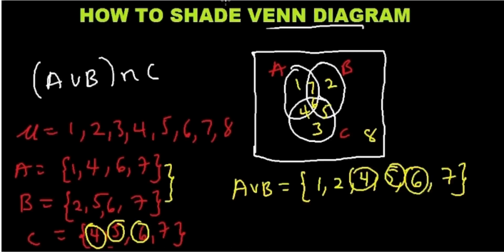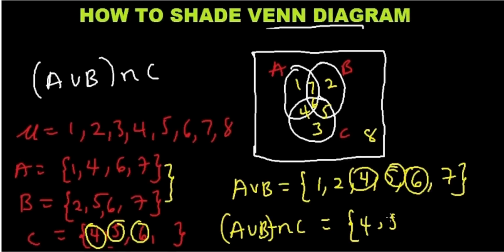Oh, 7 is not part of C. Sorry about that. 7 is not part of C. So we have this one intersecting. Okay, so our final answer for A union B intersection C, right, will be 4, 5, 6.